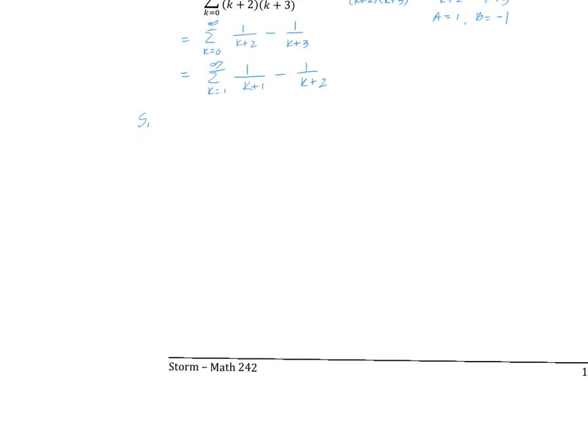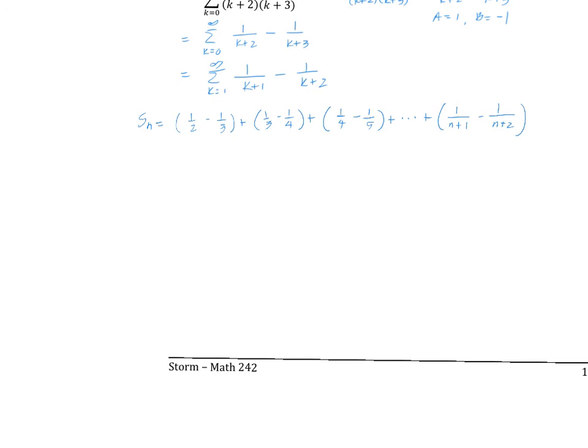So my s sub n is going to be equal to 1/2 minus 1/3 plus 1/3 minus 1/4 plus 1/4 minus 1/5 plus, and my nth term is going to be 1 over n plus 1 minus 1 over n plus 2.